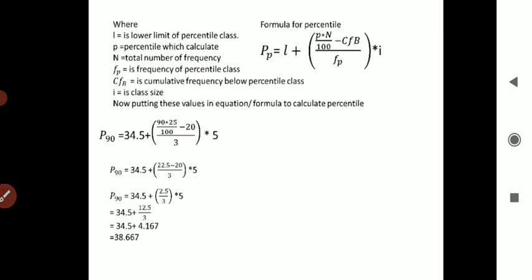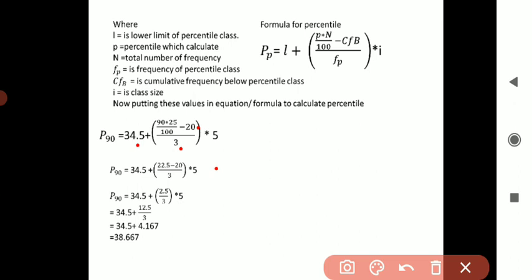So the lower limit is 34.5, and 90 is our percentile, 25 is the total number of observations, divided by 100, and the cumulative frequency just before the percentile class is 20, the frequency of the percentile class is 3, and the class size is 5.